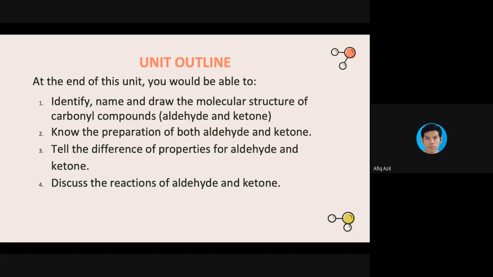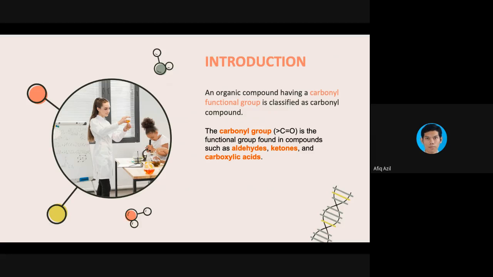Even though some of them may have the same chemical formula, because of the different position of the C double bond O, the whole properties will be different. And the last part, we will see some examples for the reactions of aldehydes and ketones. So on to the introduction.